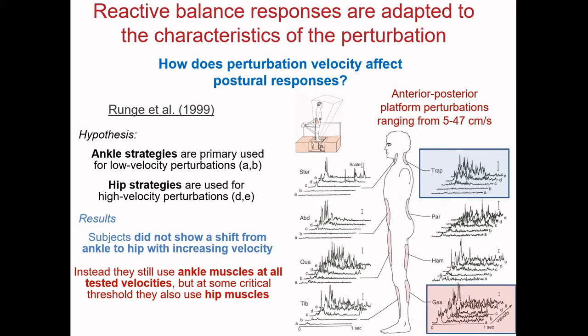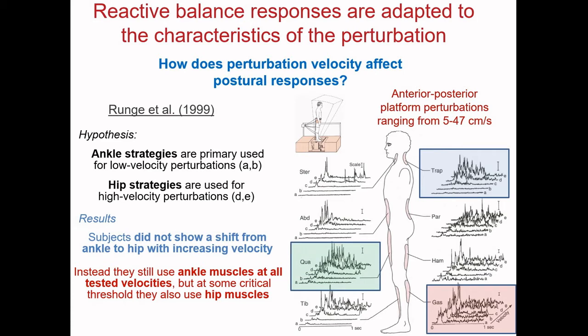In the activation patterns of the gastroc muscle that I've highlighted in red. Notice here that we see a clear activation of the gastroc immediately following the perturbation, and that the activation occurs in all of the different lines. That is, it occurs in all of the different velocity perturbation conditions.